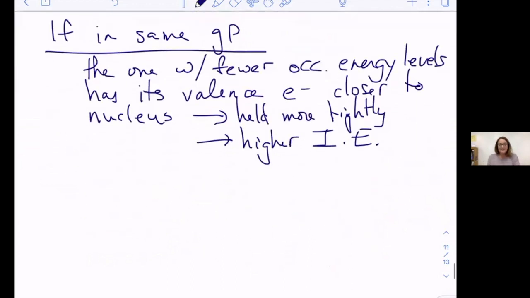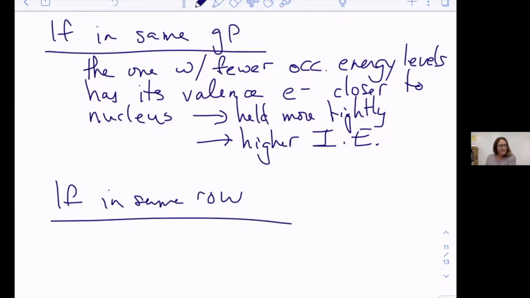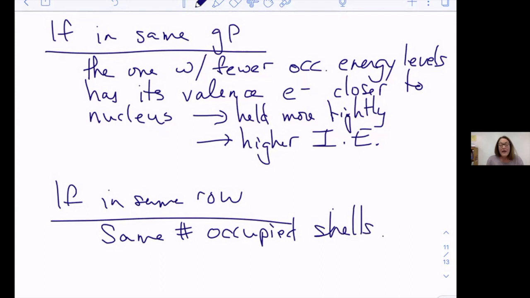You may also be asked to explain them if they're in the same row. So if they're in the same row, then they have the same number of occupied shells. And the difference is due to effective nuclear charge.